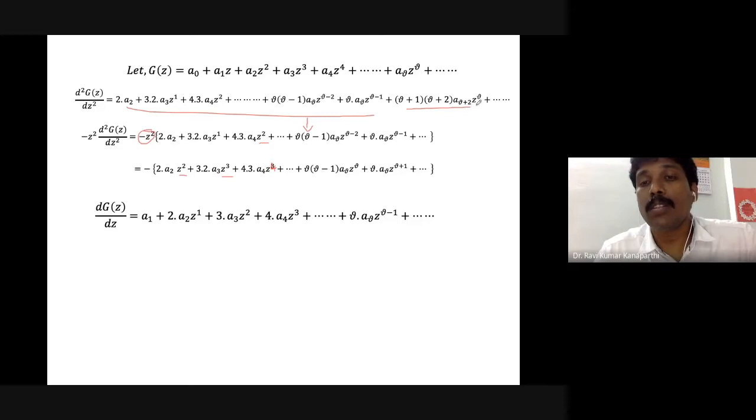I want the coefficient of z to the power mu, a common, general term. It will have the coefficient mu plus 1 multiplied by mu plus 2 multiplied by a suffix mu plus 2, right? That's the coefficient.